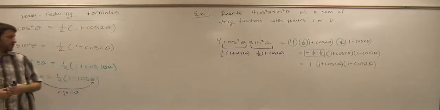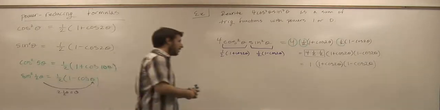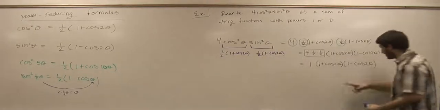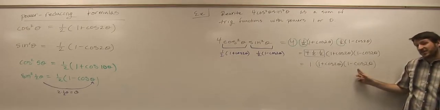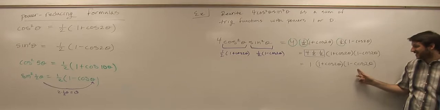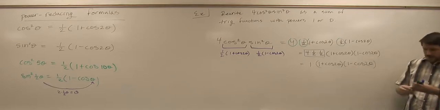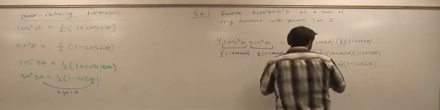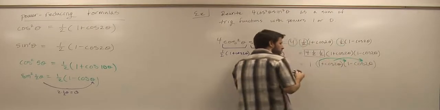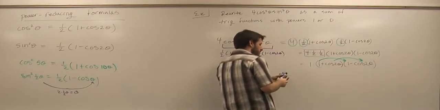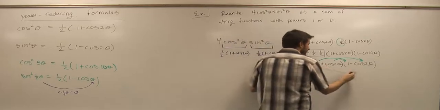Difference of squares. Okay, what? Difference of squares? I'm going to get a power of 2 again. You're going to get a square. Oh, that's annoying. That's okay. But you can multiply this out. The middle is going to cancel, but you have to do 1 times 1 and cos 2 theta times negative cos 2 theta.